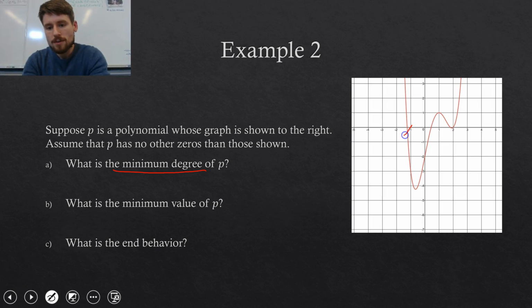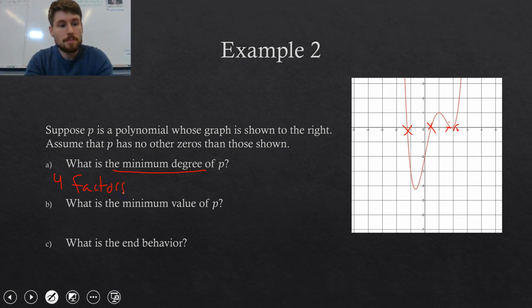And if we count, it crosses here, here, and then it looks like it crosses twice right there. So if we count the number of crossings, then you know there's at least 4 factors.